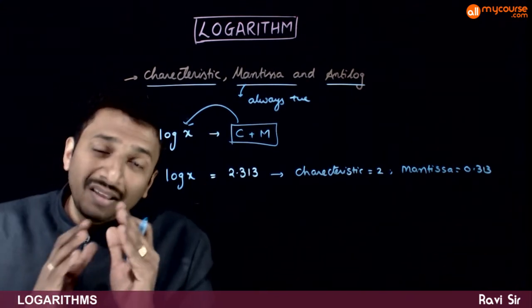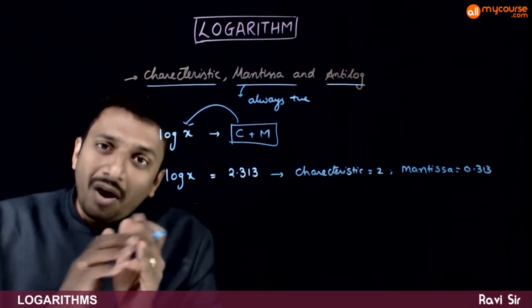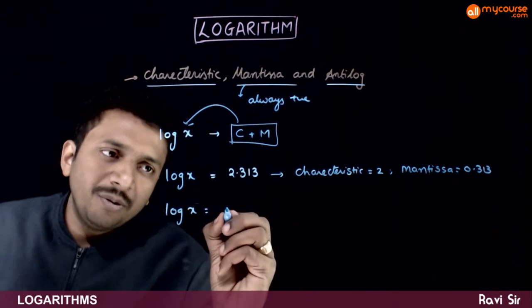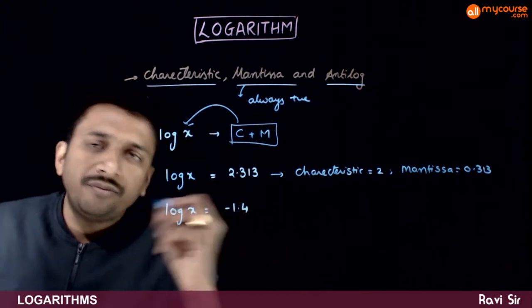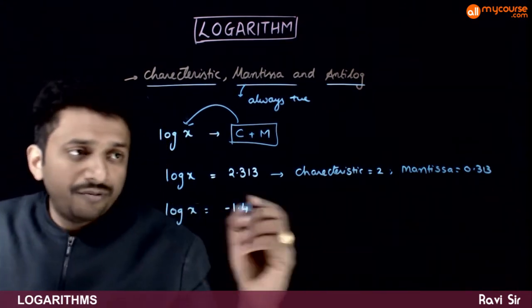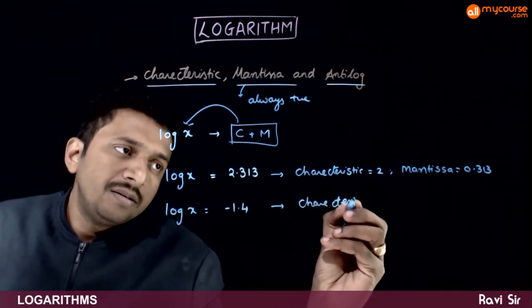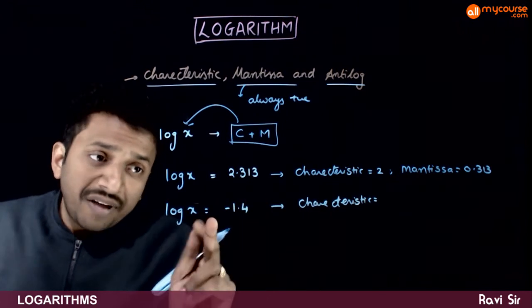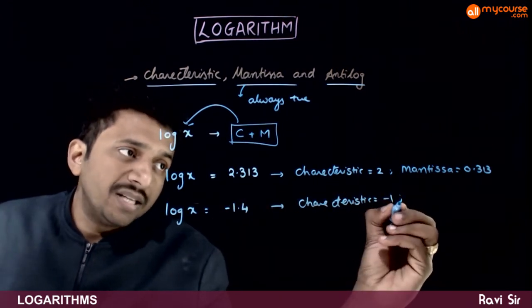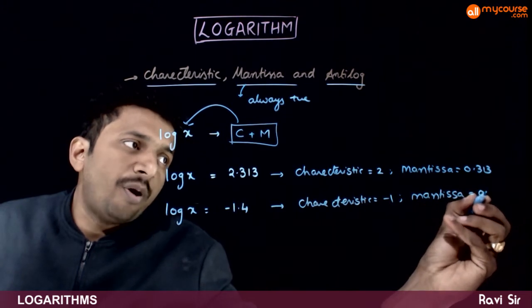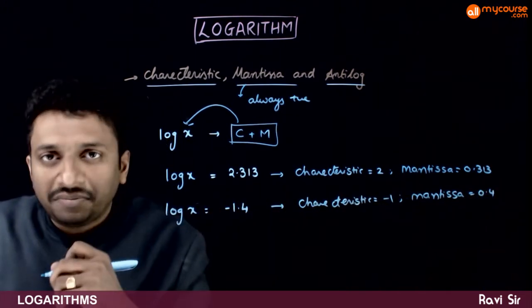We have seen that the values of logarithms can be positive or negative. So let us say that log x is equal to minus 1.4. What is the characteristic of it? If I write the characteristic as minus 1 and the mantissa as 0.4, it leads to a contradiction.